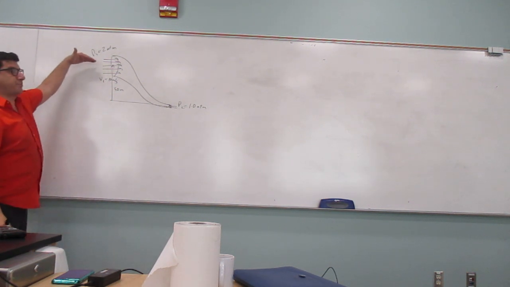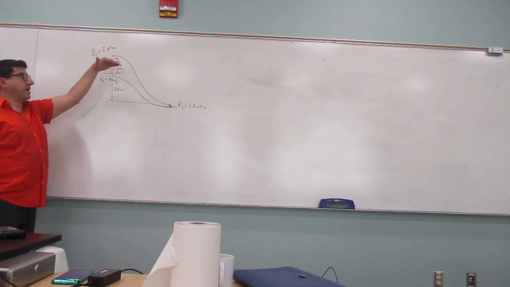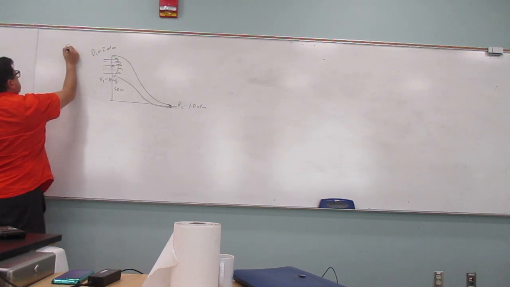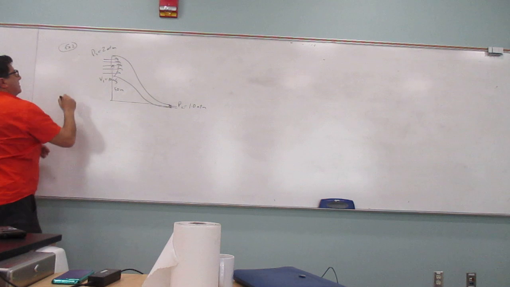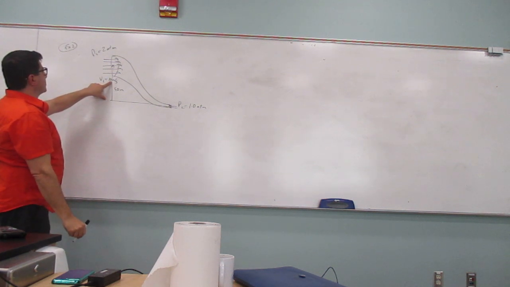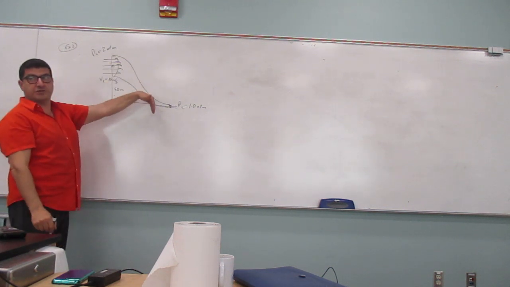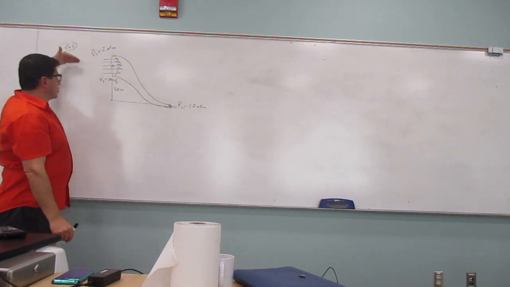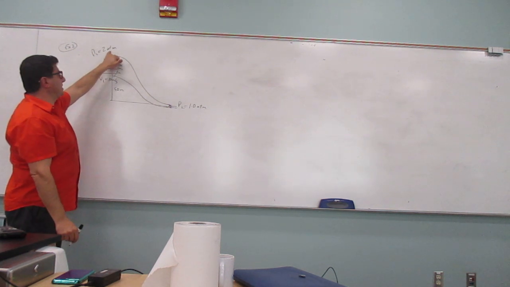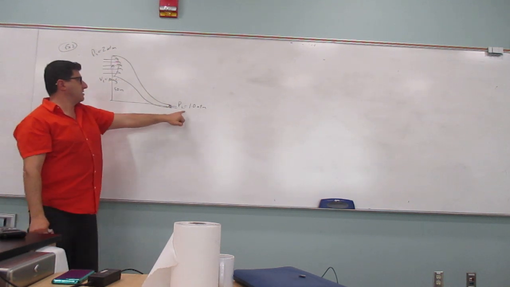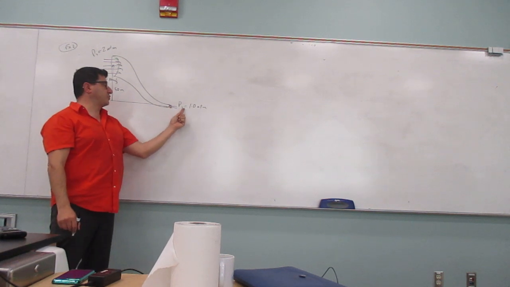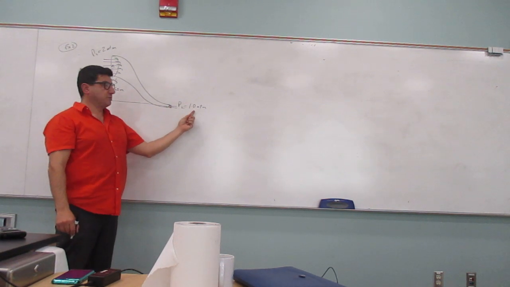Let's say there's a tube of water coming like this at initial velocity 10 meters per second. In this case the fluid is water, and there's a huge amount of pressure pushing it at 2 atmospheres. Here it's open to the atmospheric pressure, 1 atmosphere.